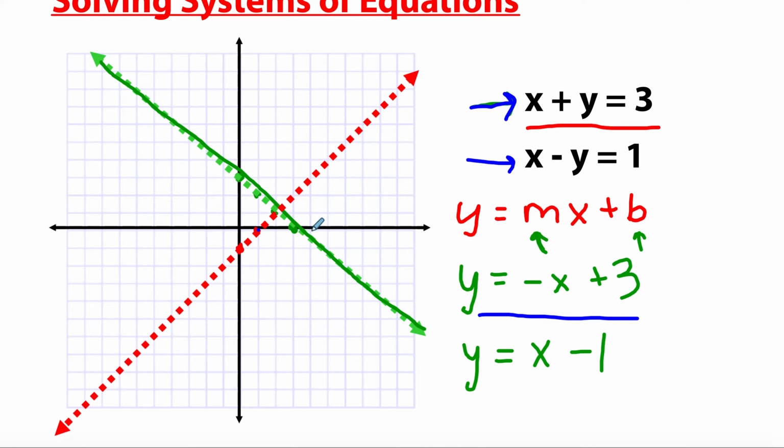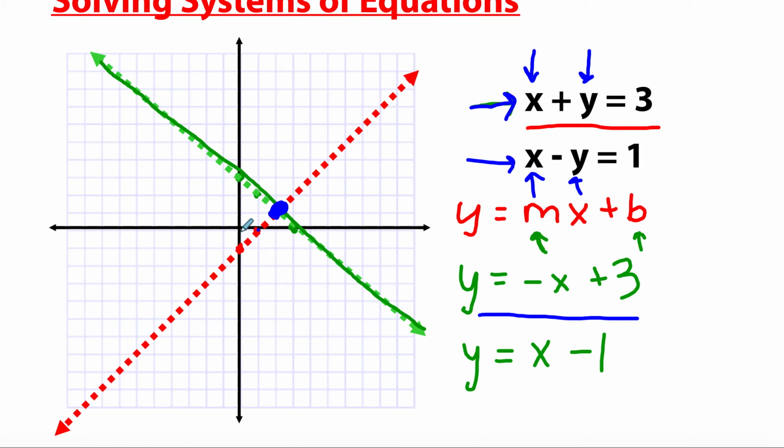But there's only one point, and it's right there, where both of these lines come together, where I have x and y values that would fit into here to make this equation 3, and here to make this equation 1. There's only one point, and you can kind of see what that is.